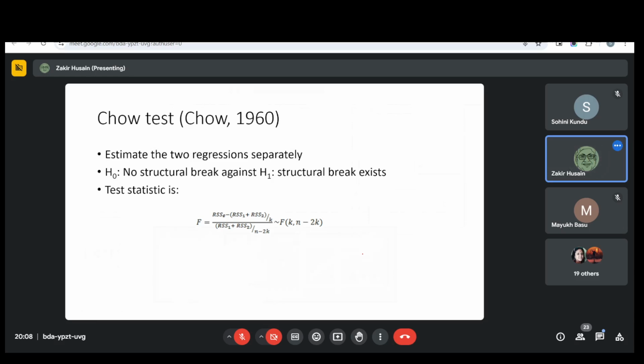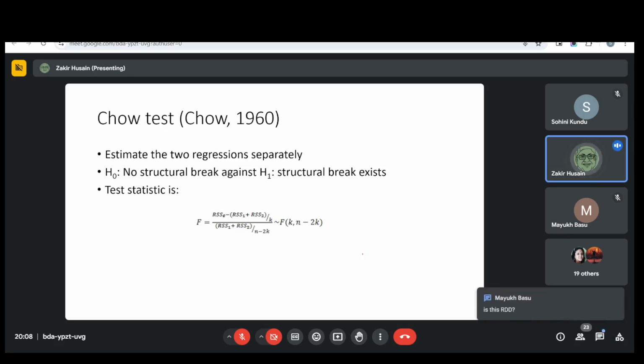So a Chow test helps to determine whether there's a structural break. We estimate the two regressions separately, and the null hypothesis is there's no structural break. In other words, beta is equal to delta, and the alternative is there's a structural break.